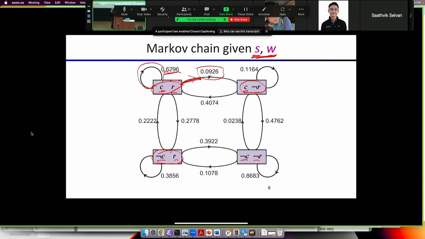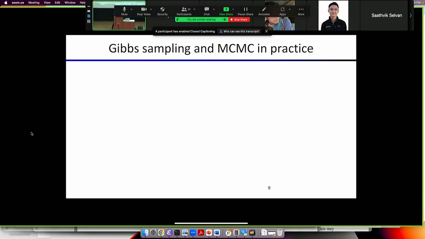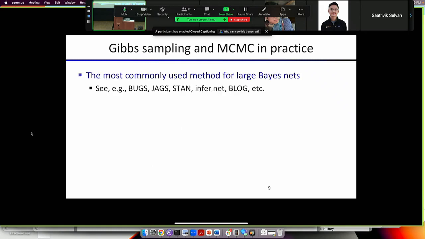It should be a single cycle, and then these algorithms would be blindingly fast. Okay, so as I mentioned, this is the technique that we use in practice for really big Bayes nets. And there's a number of packages, probably BUGS, which stands, if I can remember, Bayesian inference Using Gibbs Sampling.